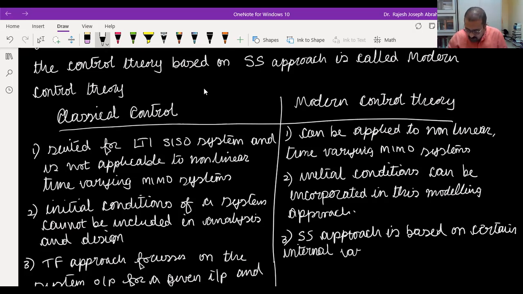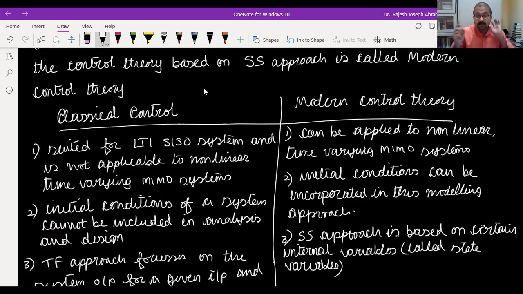And the advantage is that at any time the state variables are known. The states are known.